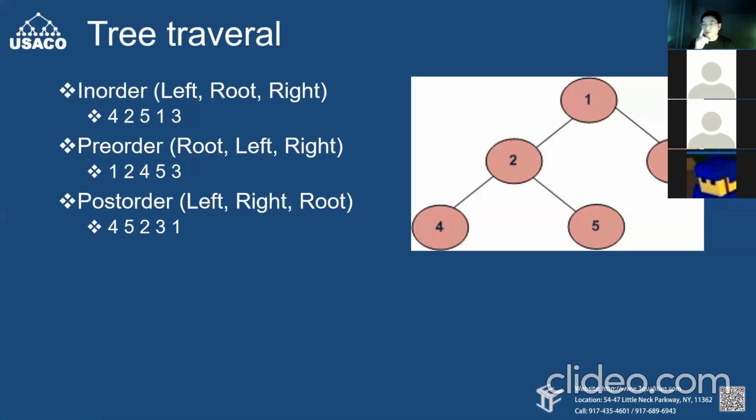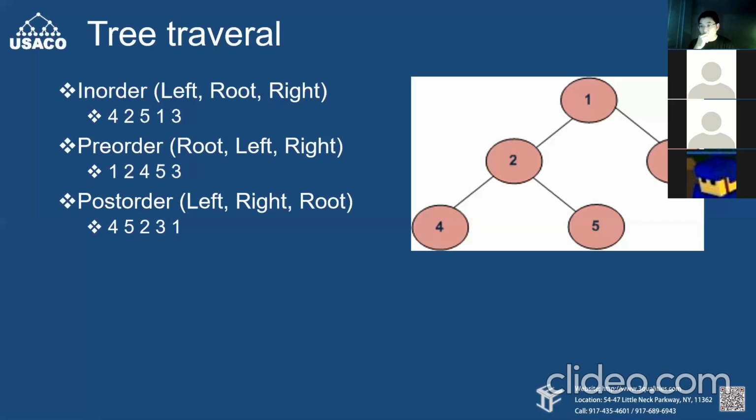But the difference is I print out myself, or I visit myself, first, and then the left side, right side. The last traversal way is called post order. Post is behind, so it basically means I traverse left, right, and then at the last I traverse myself.